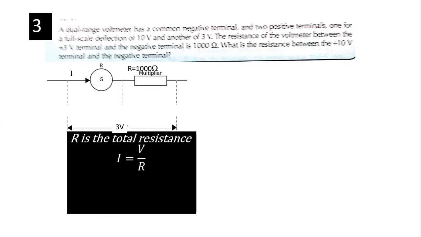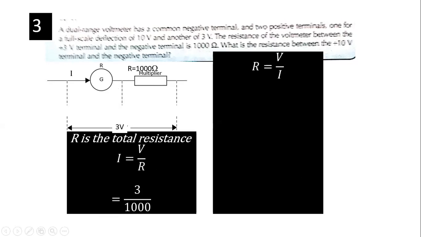So calculate the current, because the current is the same. 3 volt divided by 1000. And after that, the same thing. Okay, we have to change in a while. 10 volt now.